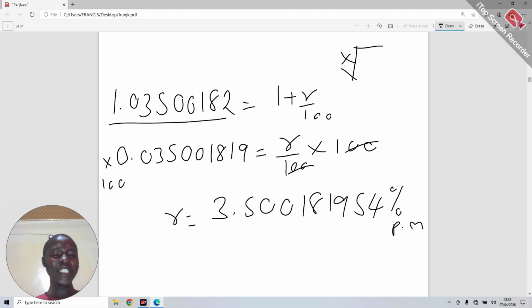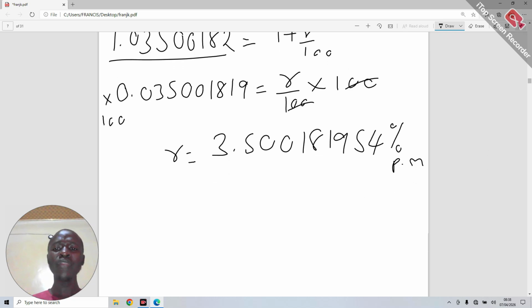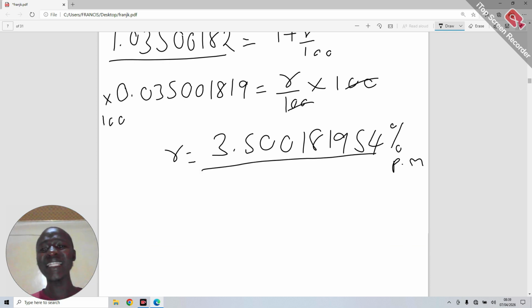Remember, if the question doesn't guide you to what decimal places you should round up or round down, or to what significant figure you should leave your answer, then you better leave your answer the way it is, because it will be more safe. Or maybe if it is a must for you to round off, or give it to any decimal places, or truncate, then you must first of all write the whole answer.